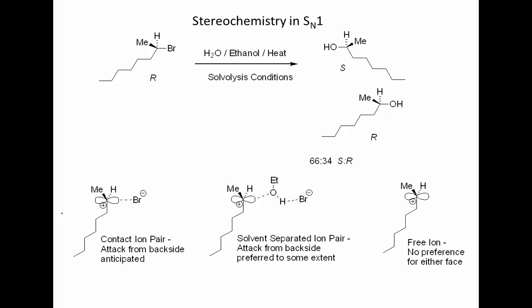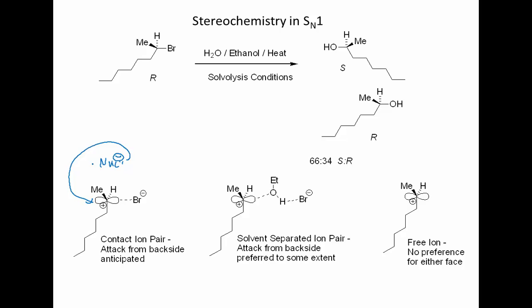Okay, so we can have a contact ion pair, and in the contact ion pair we still have an ionic attraction between bromide and the carbocation. So therefore, there's still a backside. If we attack the contact ion pair, we're expecting our nucleophile to attack the backside like before.